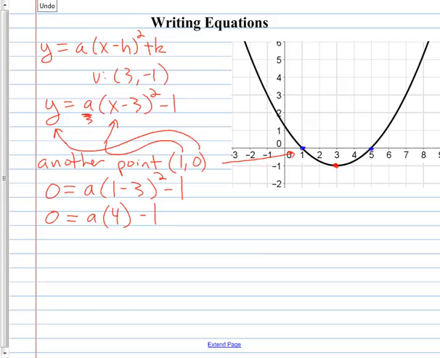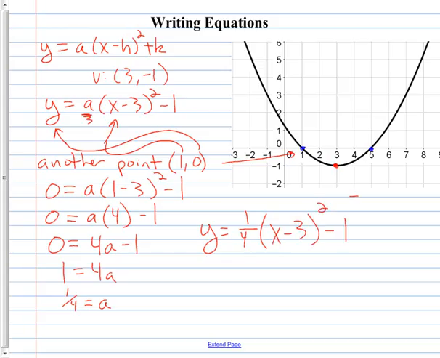So you may want to rewrite this as 4a minus 1 and then solve for a. Add 1 to both sides and then divide by 4. So a is 1/4. Now we know all the pieces of our equation. We know the a value and we know the vertex. So our vertex form will be y equals 1/4 (x minus 3) squared minus 1.